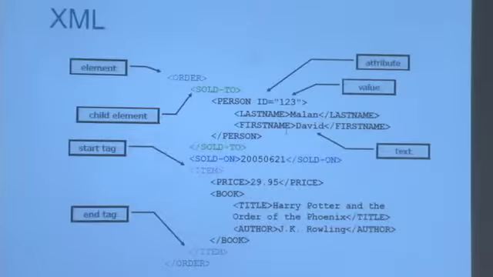XML is very useful because it allows the user to create tags that are meaningful for human readability. These order, sold to, person tags are not something that comes with the server. These are just whatever the user thinks is useful for someone to read and understand what this XML code is.